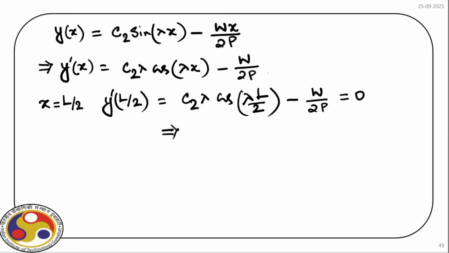So C2 is equal to W by twice P, then 1 by lambda sec lambda L by 2.